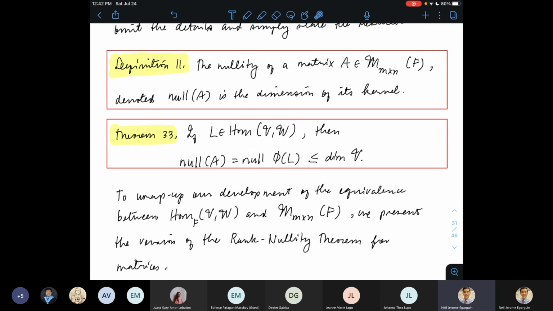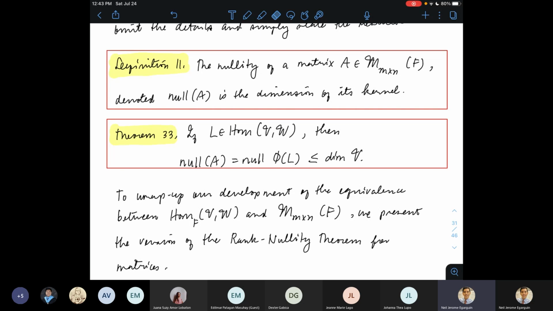And obviously, since the elements of the kernel are coming from the domain of both the matrix and the vectors and of the linear transformation, parehas na dimension n yung pinanggagalingan ng kernel elements. So that means the nullity of the matrix and the nullity of the linear transformation must be less than or equal to the dimension of L.